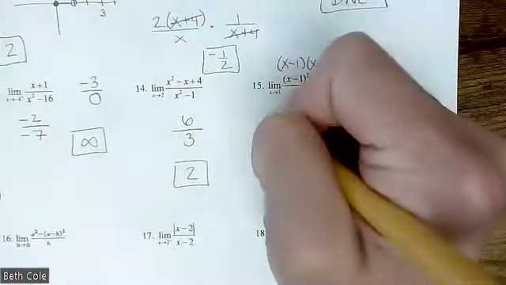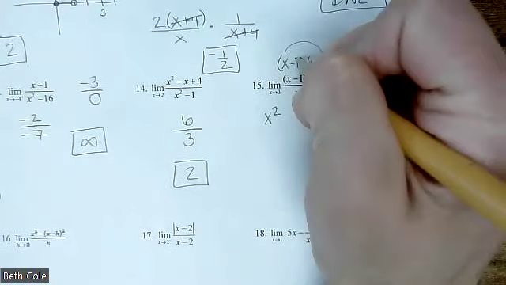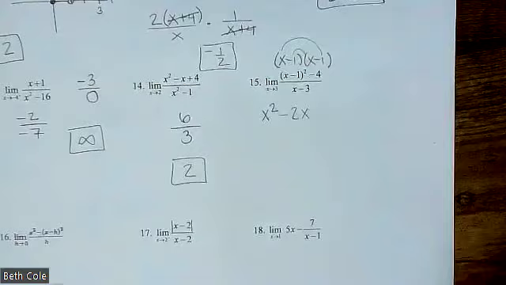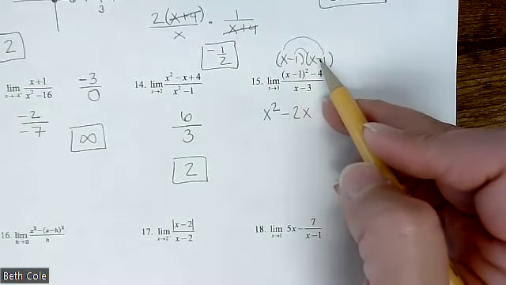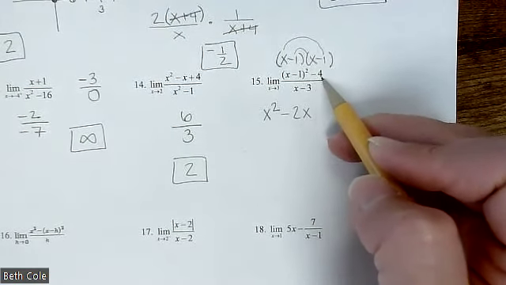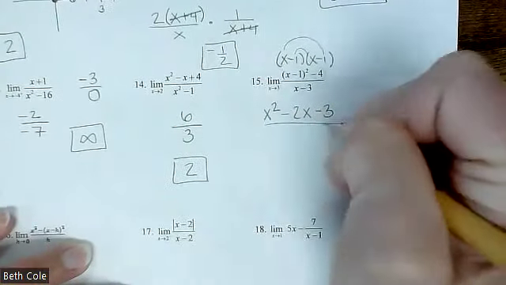So x times x is x squared. Outsides give you minus 1x, insides give you minus 1x. So together, minus 2x. Now hold on, don't write this yet. Negative 1 times negative 1 is just 1, minus 4. 1 minus 4, negative 3.